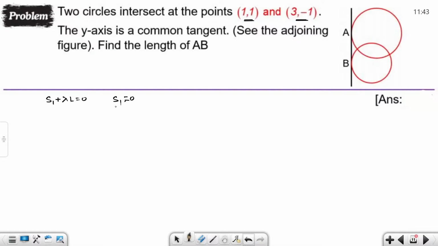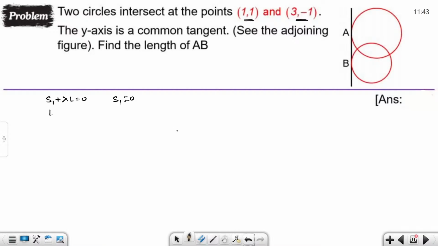So now we know S1 equals to 0. What is S1? Again, I'm telling you, it is the equation of the circle in which the extremities of the diameter are (1, 1) and (3, -1). And L is the equation of that line passing through these two given points.